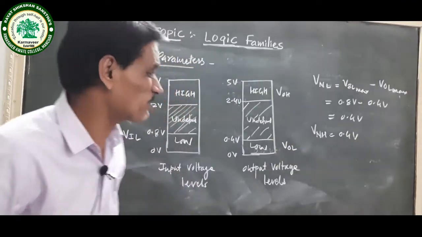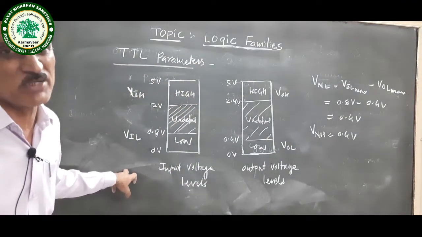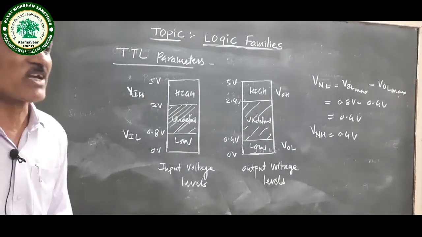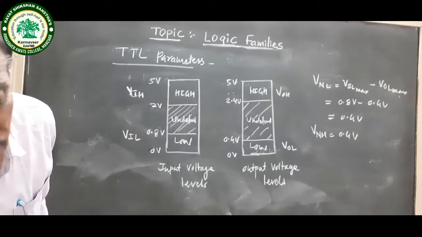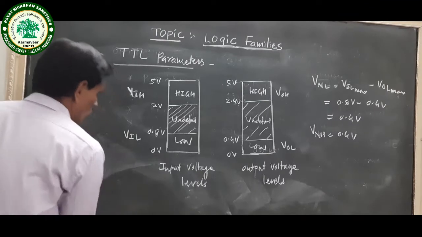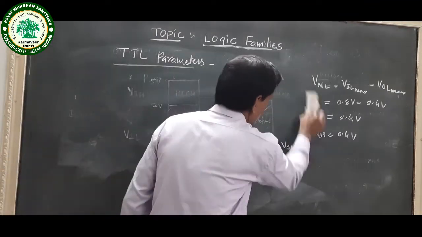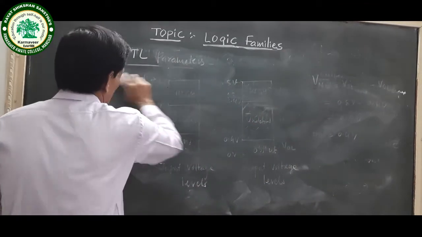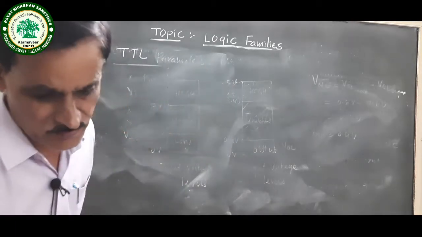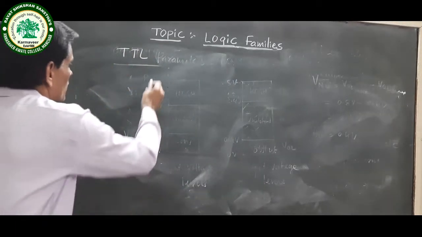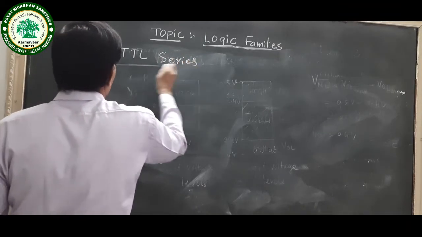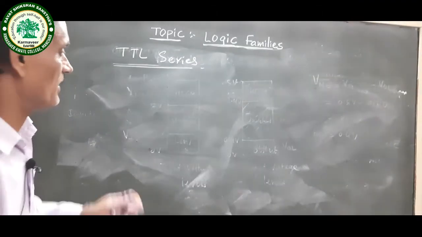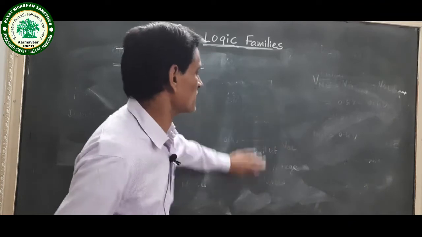In this way you should remember the various TTL parameters. At the end of this chapter, we have to compare the performance of different families. From that point of view, these parameters play an important role. And lastly, from the knowledge point of view, I will tell you the TTL series. Nobody can ask this in the examination, but from the knowledge point of view it is very important. The TTL family provides 2 different types of series.